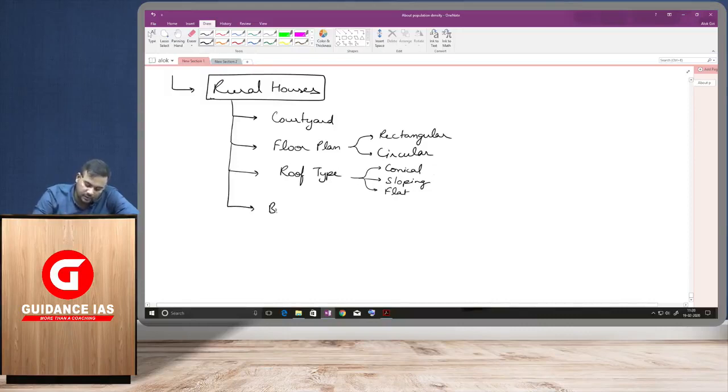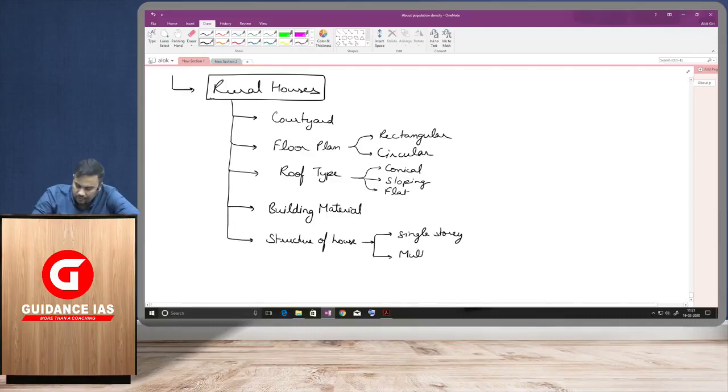Others like the building material used, others like the structure of house, like they can be single story houses or they can be multi-story houses. So when you have to describe the house type, you will describe the house type along these lines.